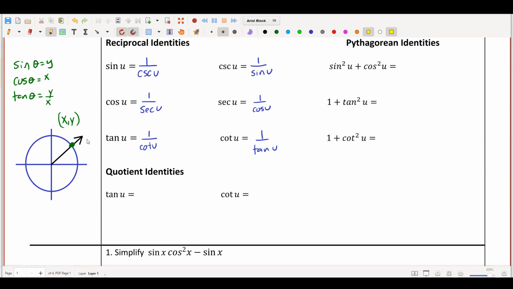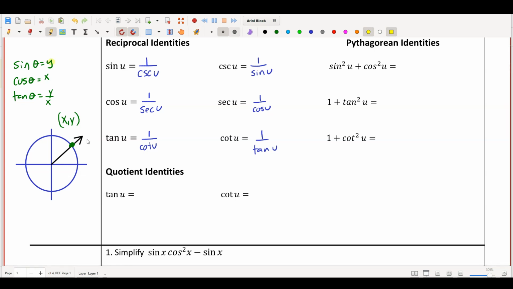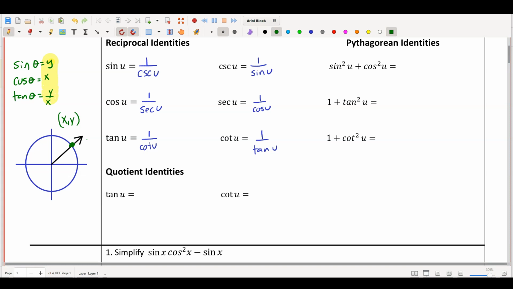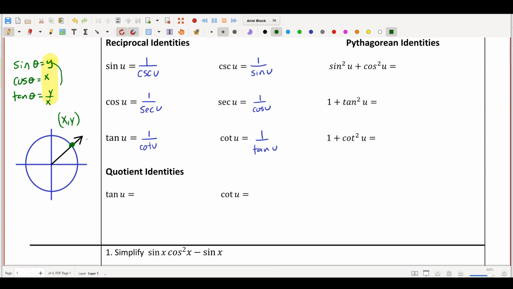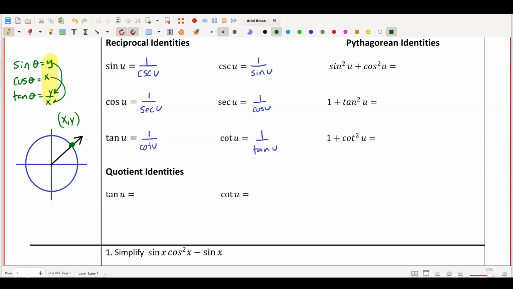So if we just look at these terms right here, we can also conclude that if sine is y and cosine is x and tangent is y over x, then it would just make sense that the tangent is equal to the sine divided by the cosine.